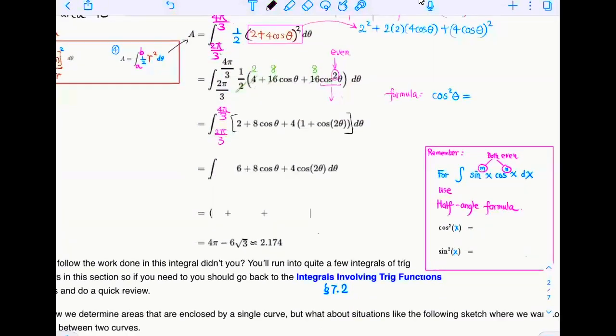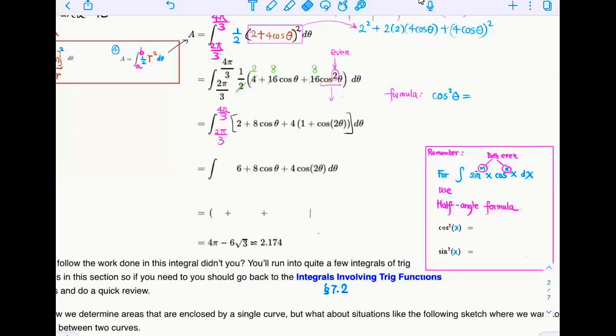Now, how did you get from here to here? Looking at this function, this is cosine squared. Whenever you integrate sine squared theta or cosine squared theta, you think about the half angle formula, when the exponent is even.